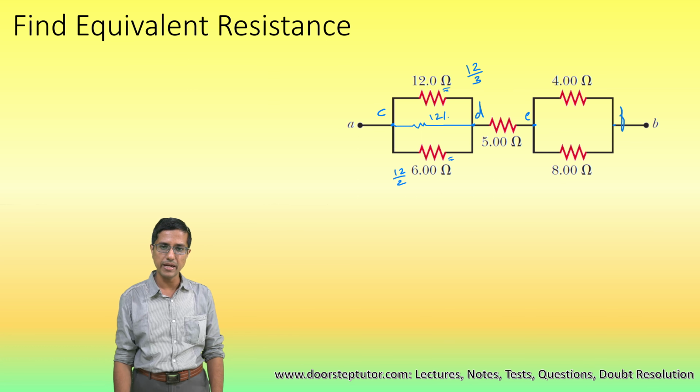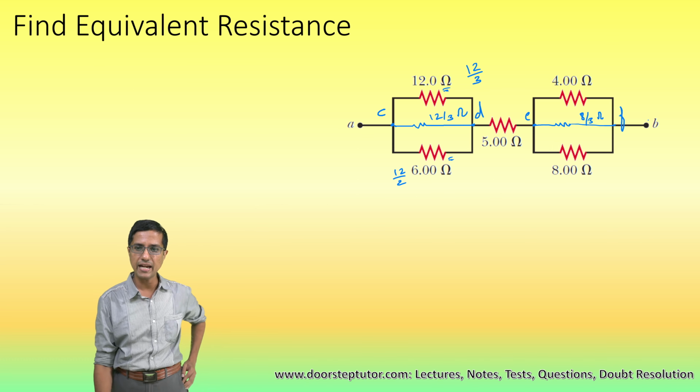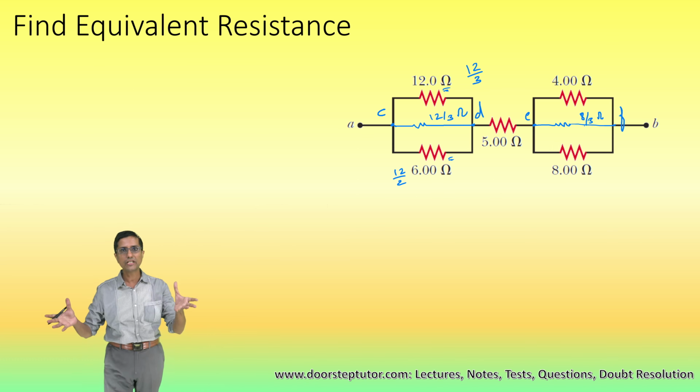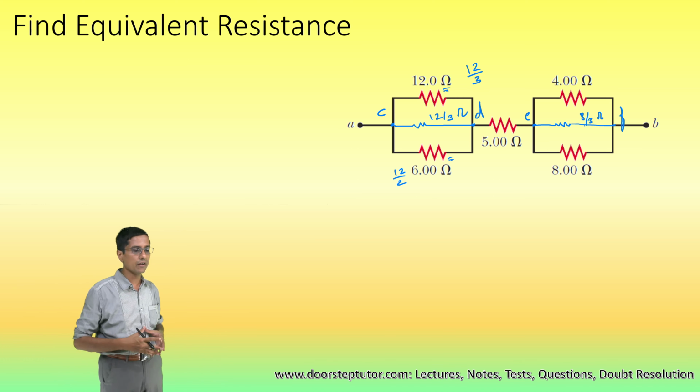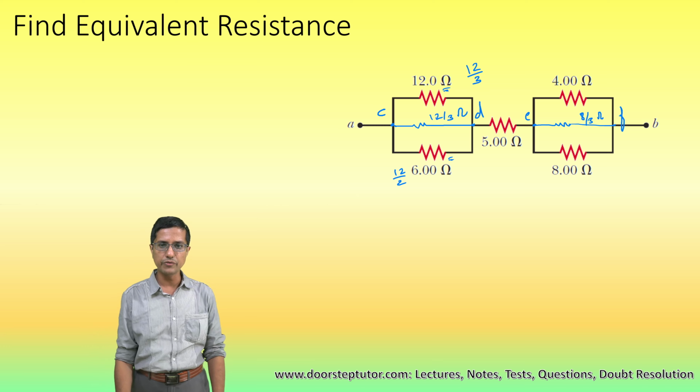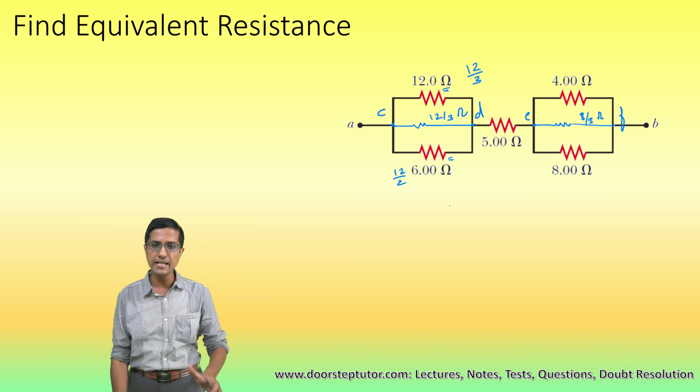Similarly, if we were to solve this, then this will come out to be 8/3 ohm. Okay, and again 12/3 and 8/3 are actually smaller than each of the resistances in parallel using which they were formed. So now this 12/3 resistance, this 8/3 resistance, and this 5 ohm resistance are in series.